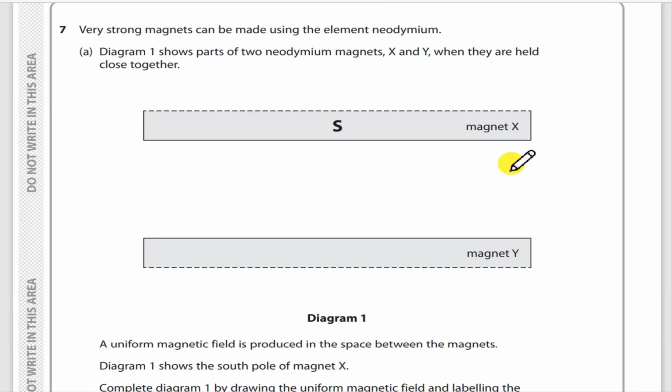Diagram 1 shows the part of the two neodymium magnets X and Y when they are held close together. Magnet X and magnet Y.